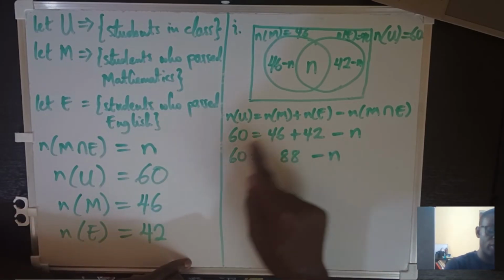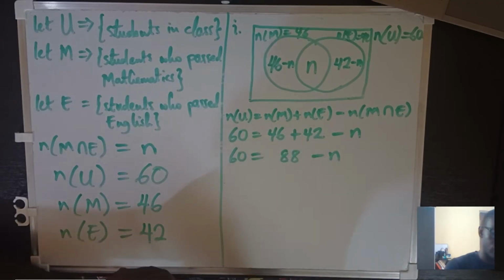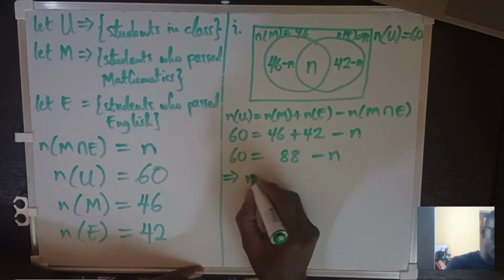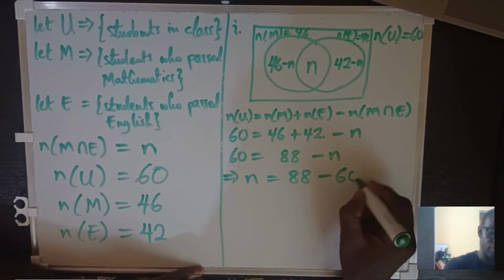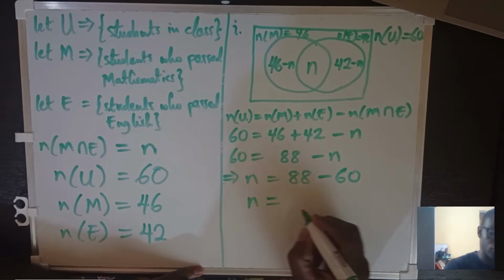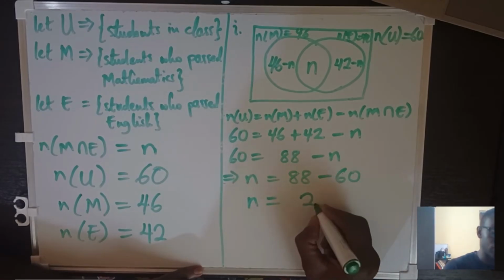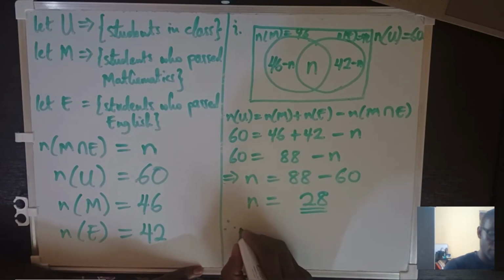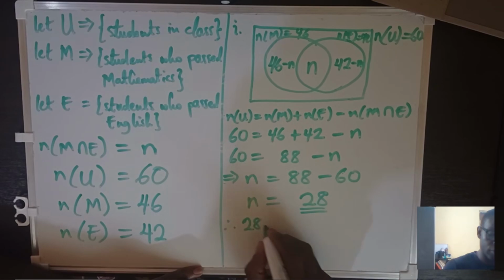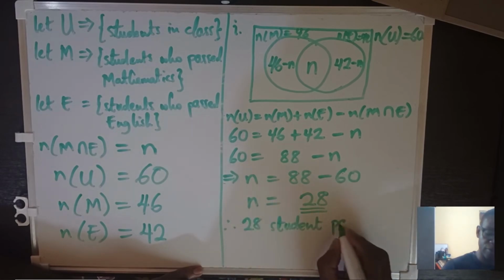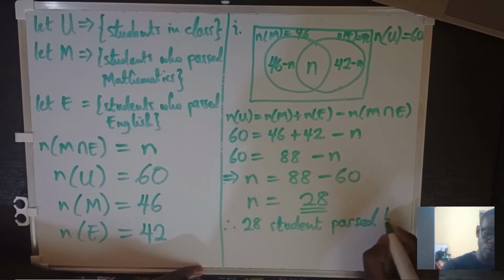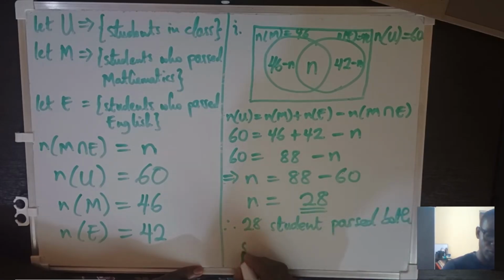Then we can bring our n here and take the 60 to the side. So n equals 88 minus 60, which is 28. That means 28 students passed both subjects.